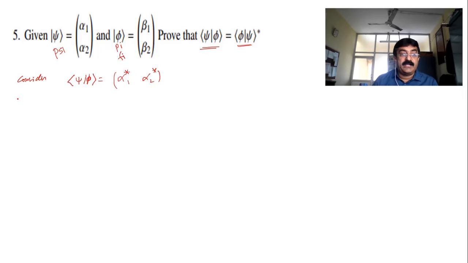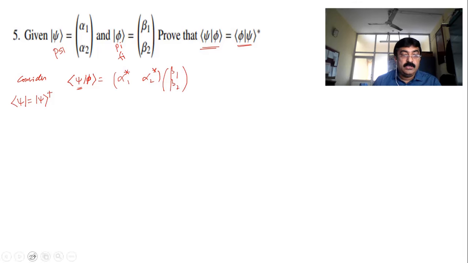Actually I already told you in the previous slide, bra psi is always the Hermitian of its ket. On that basis I am writing this particular part. Remaining ket phi is equal to beta 1 beta 2.